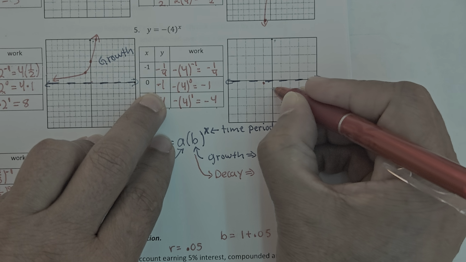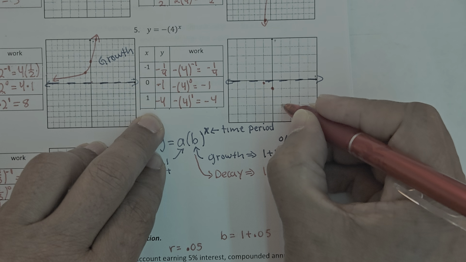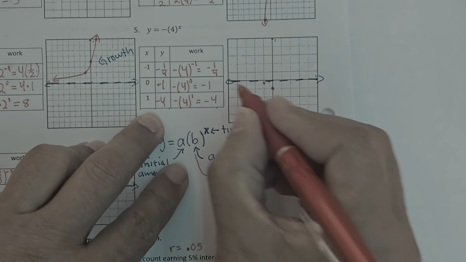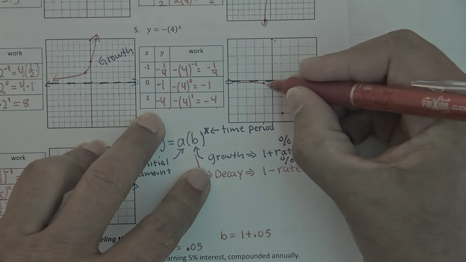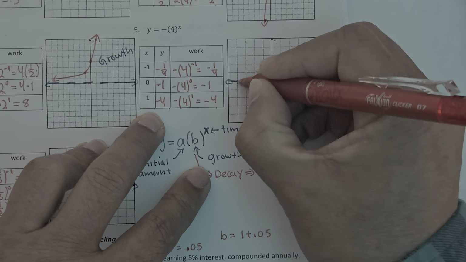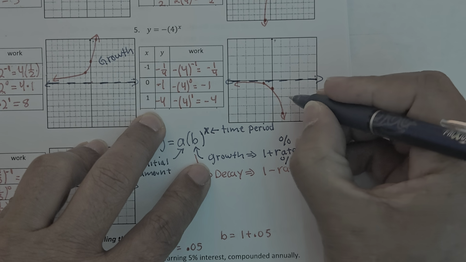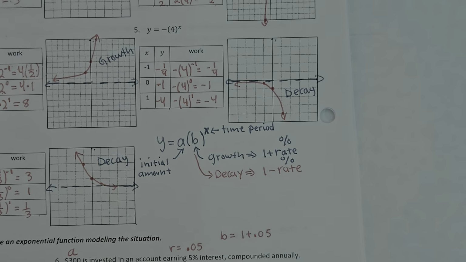Okay, 0, down 1. And then right 1, down 1, 2, 3, and 4. So as you can see, this graph is an example of decay. A decay problem. So there is the graph, and I'll just write that here, that this is decay.